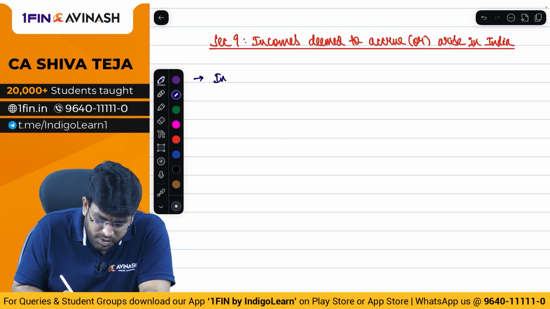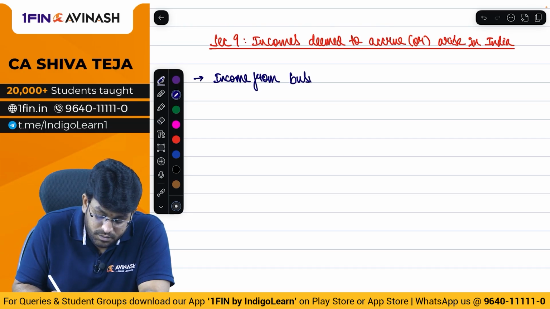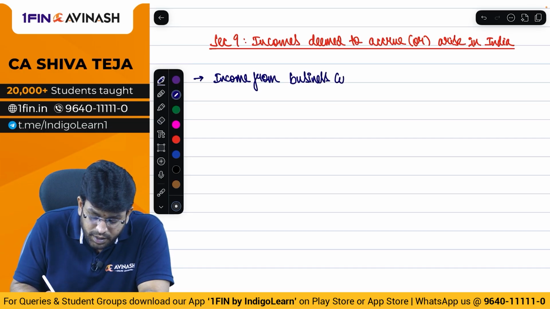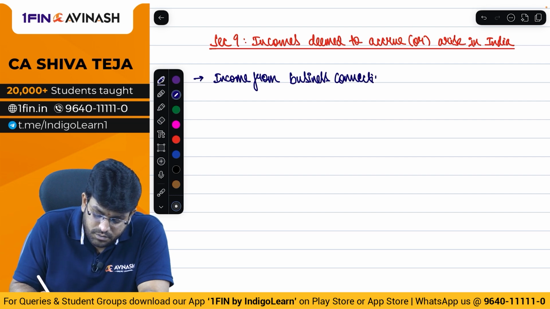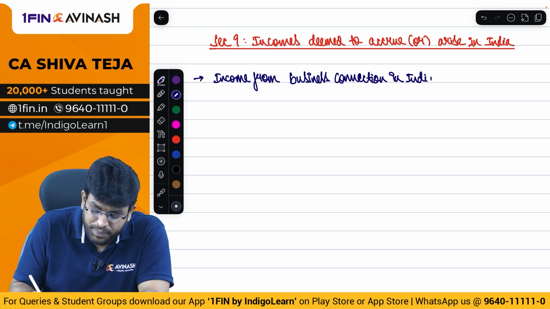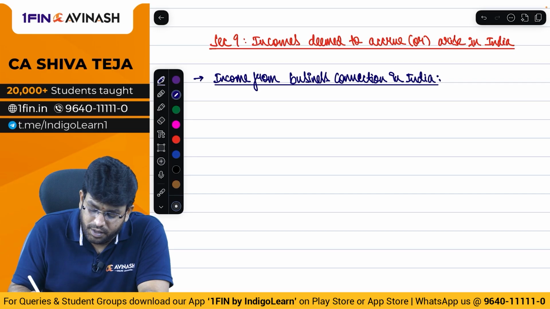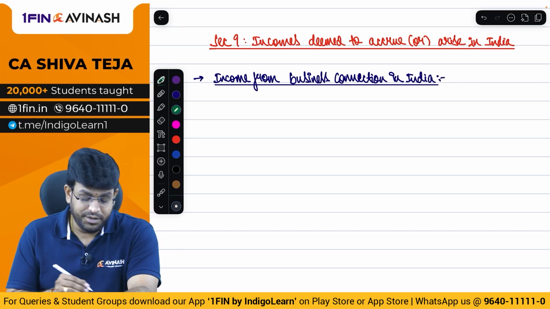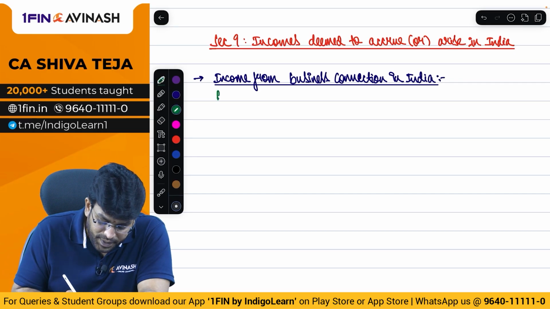The first point talks about income from business connection in India. What is the point, my dear friends? Income from business connection in India. This point is important. I'll tell you why.